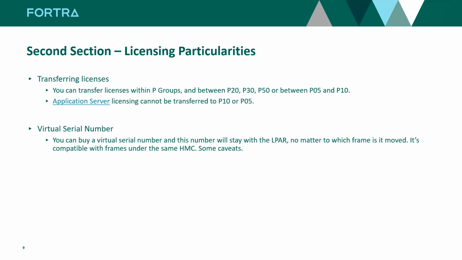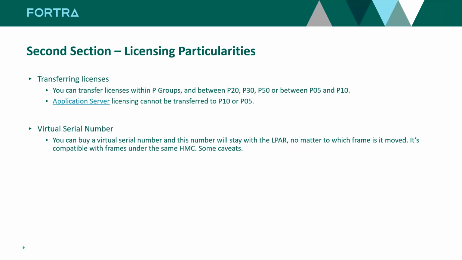It doesn't matter to which frame it is moved, but live partition mobility is compatible only with frames under the same HMC. And the thing is that, being a new serial number, you will have to get new licenses for LPPs and third-party software. So you will need to see how convenient it is to use this virtual serial number.